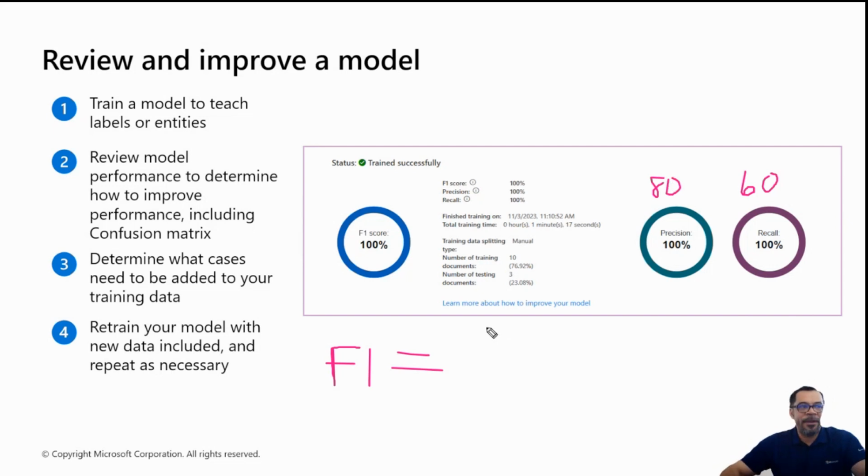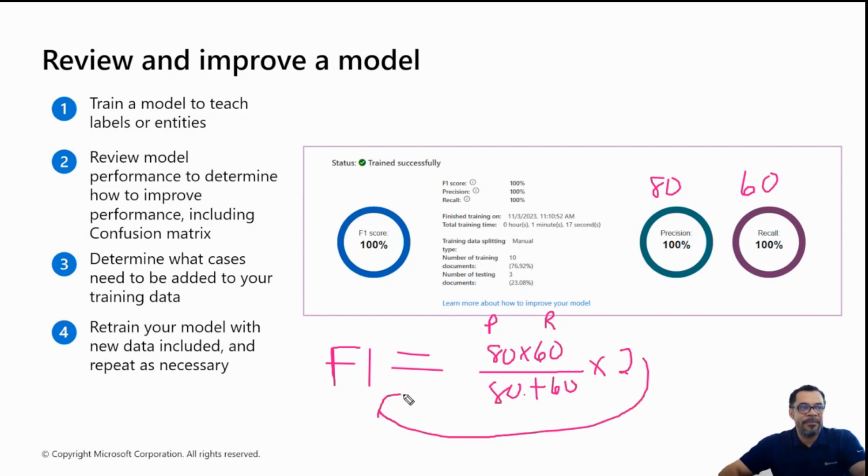So F1 is essentially the 80% times the 60%. So it's basically your precision times your recall, divided by 80% in this case, plus 60%. We multiply that by 2, and that equals our F1 score.